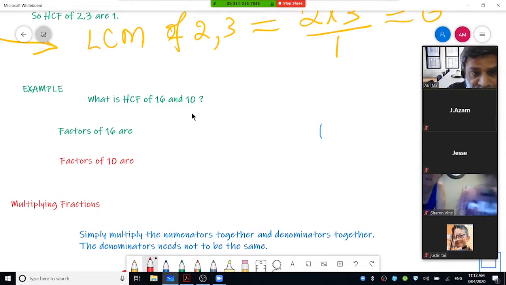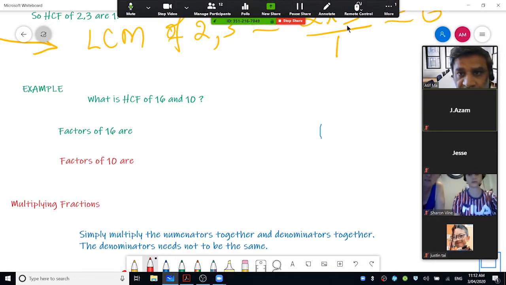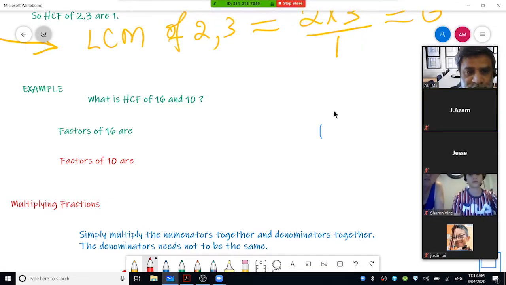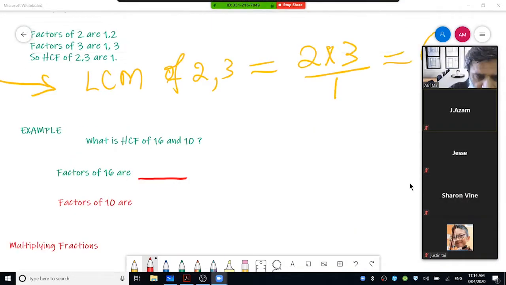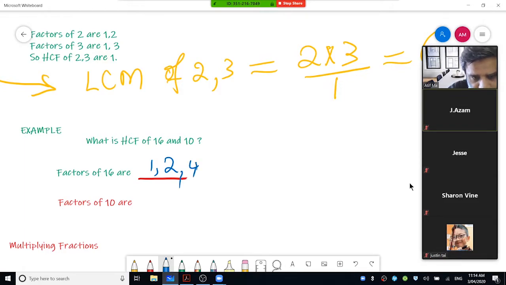Let's write first of all, what are the factors of 16? Kindly type in your chat what the factors of 16 are. They are 1, 2, 4, 8, and 16.